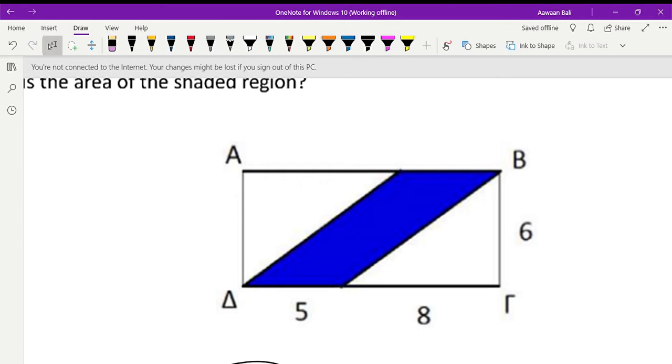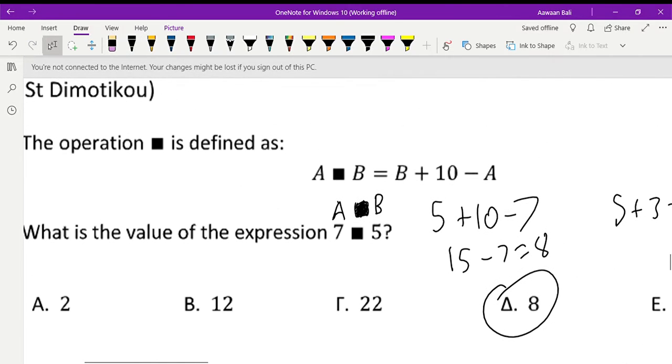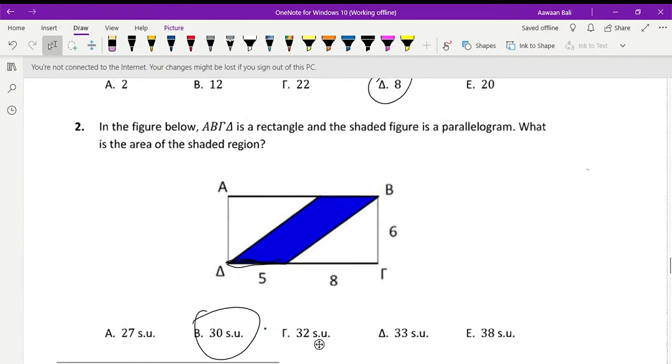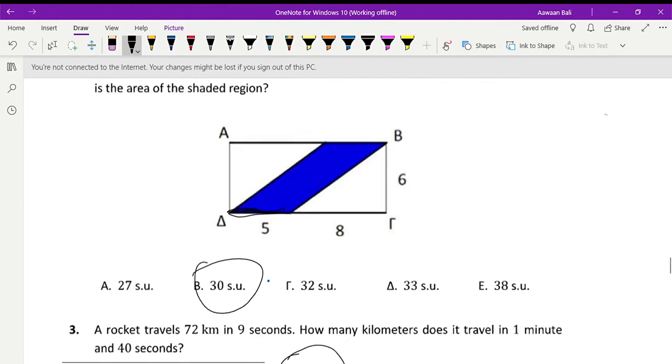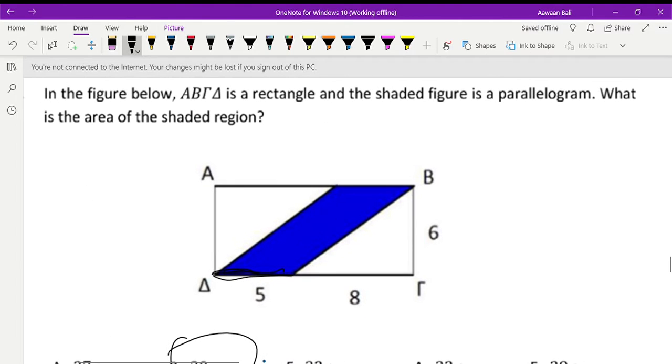So here's the easier way. Since the base is 5 and the height is 6, you can just do 5 times 6, which is 30. And then you get 30 square units.